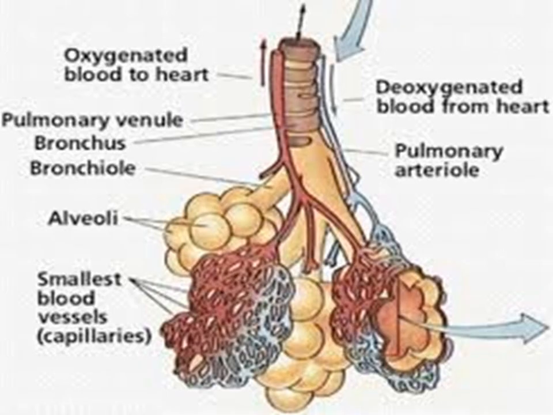Then the CO2 will cross from the capillaries toward the alveoli to be exhaled outside of the body. Then the oxygenated blood will return back to the heart, to the left side of the heart, to be ejected.